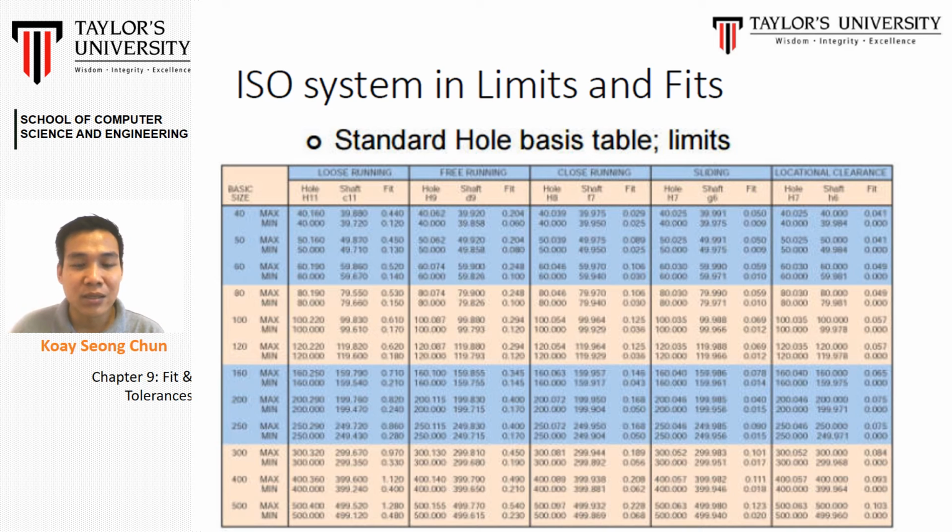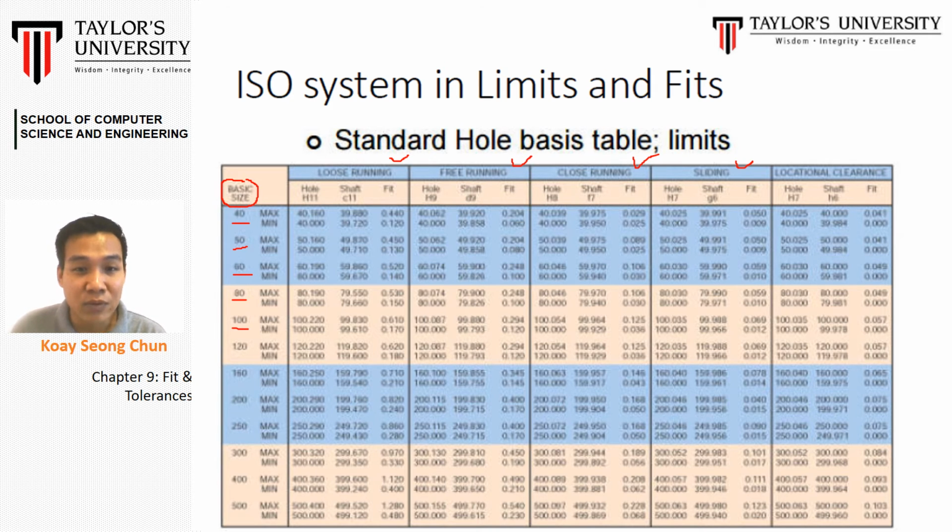From these tables, the naming for the fit will be different. It will mention like this: loose running, free running, close running, and sliding. When they design a shaft and hole, they have a standard basic size to follow. You can see from here, they have sizes like 40, 50, 60, 80, 100.